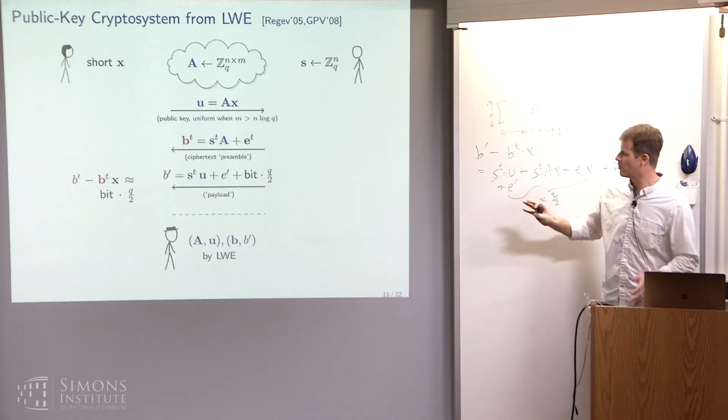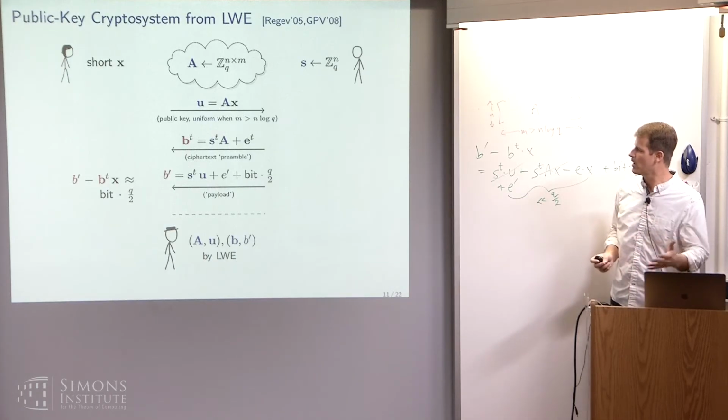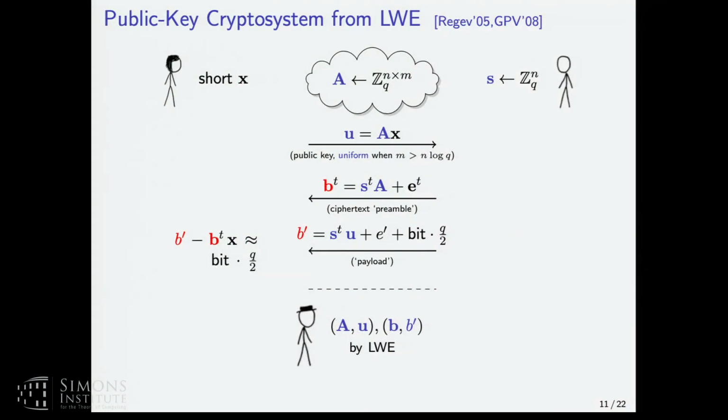So that just perfectly hides the bit. By switching the ciphertext to have this form, now the bit is perfectly hidden. So that's like the one-line proof of security for this crypto system, or at least CPA security.